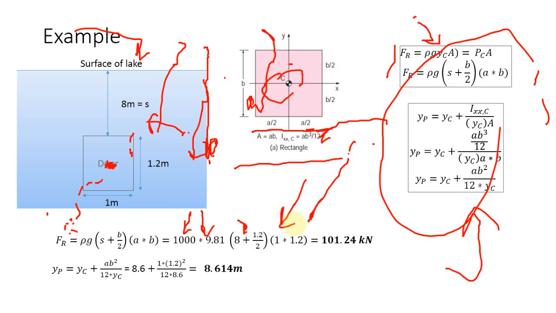The force will be 101.24 kilonewtons. And the center of pressure is the centroid plus b squared over 12 yc, we said. Just substituting for the values, you can know that the center of pressure is 8.614. So this is how you calculate the resultant force and this is how you calculate the center of pressure.